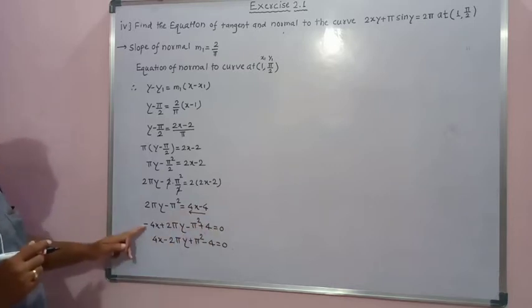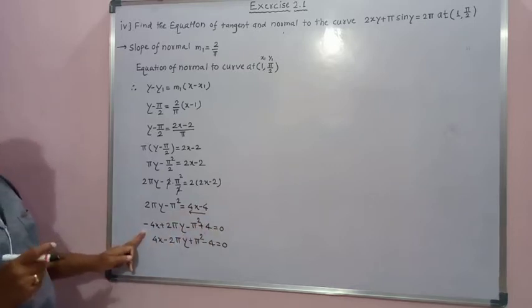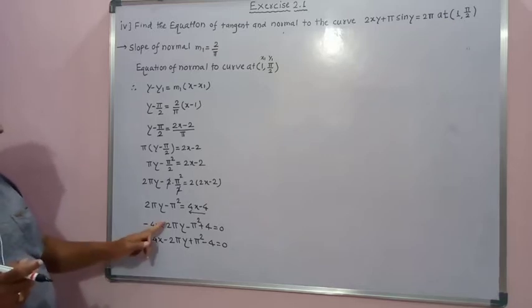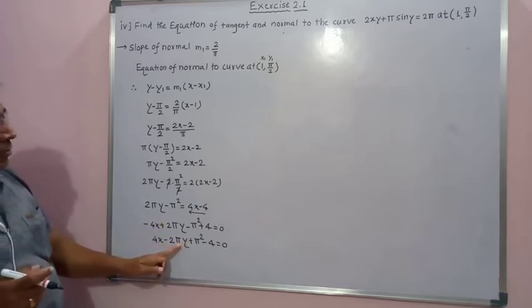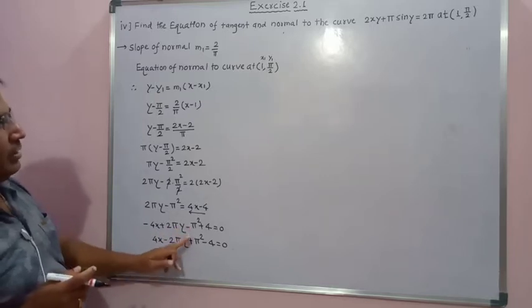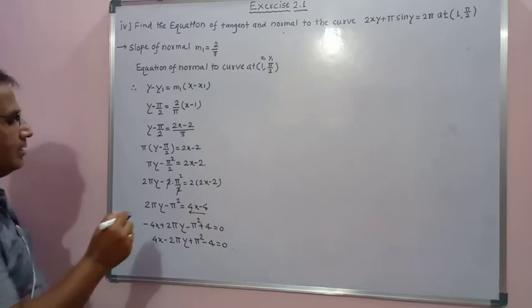Therefore, we multiply by minus 1 on both sides: minus minus plus 4x, minus 2 pi y, plus pi square, and minus 4.